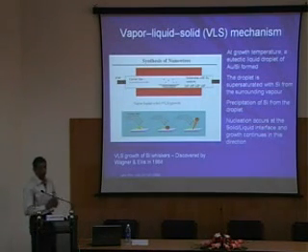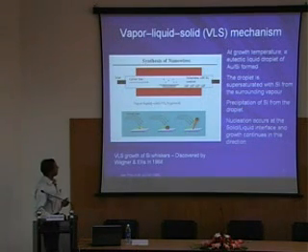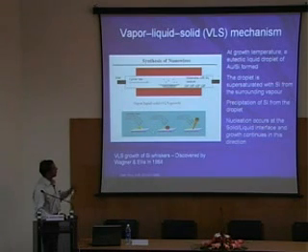It could be gold or iron. When the silicon vapor comes in contact with this catalyst, the silicon atoms reach the interface between the catalyst and the silicon surface, and the growth starts at the interface. You can grow extremely controllable nanowires on top of silicon wafers.